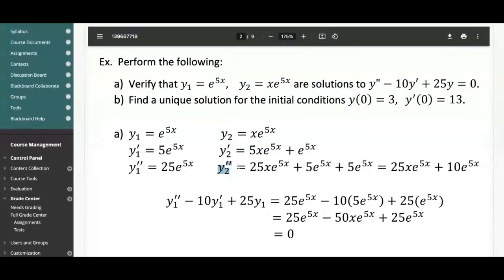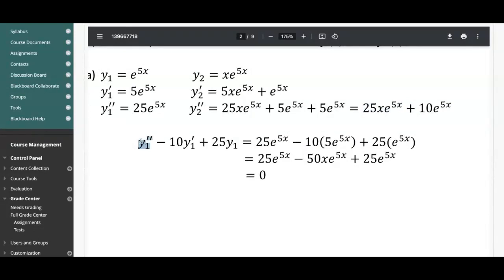The second derivative: the derivative of 5x e to the 5x, by the product rule again, becomes 25x e to the 5x plus 5 e to the 5x, and the derivative of e to the 5x is 5 e to the 5x. Adding those two, we get 10 e to the 5x plus 25x e to the 5x.